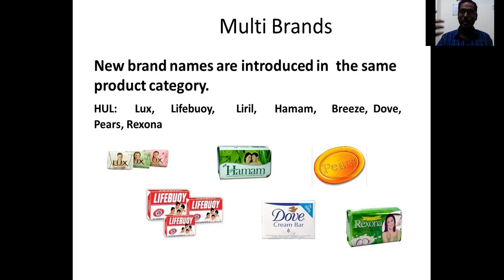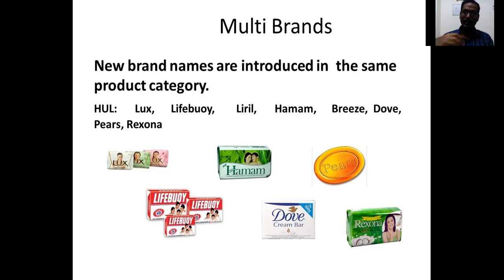If you ask someone why they use soap, they say the soap cleans my dirt and removes germs from the body. If their aspect is to remove germs and dirt, then Lifebuoy can be promoted to those customers. They say soap should also be good for my skin, protecting it from various allergies and skin conditions. Then they can go for Hamam.